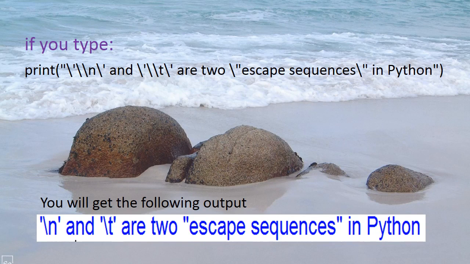If you type the following statement, print with escape sequences \n and \t in Python double quotes, you will get the following output: \n and \t are two escape sequences in Python.